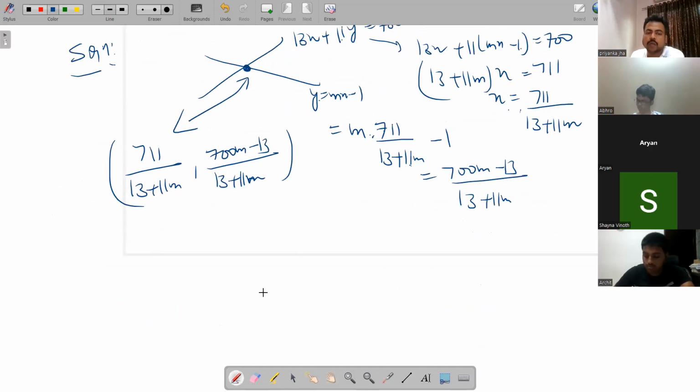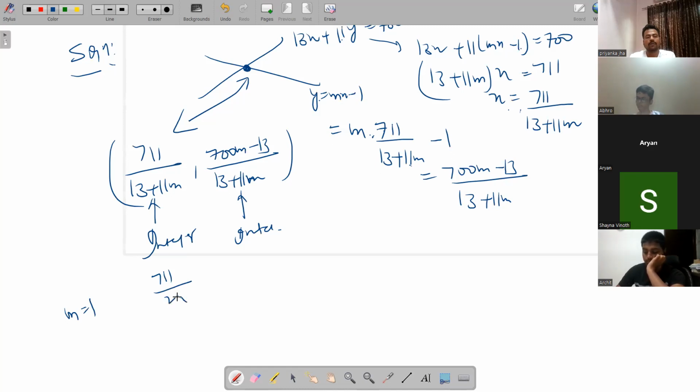Now the question says that this point has integer coordinates. It means this coordinate will be an integer and this should also be an integer. Now you have to do hit and trial. Put m equal to 1: 711 upon 24, not an integer.